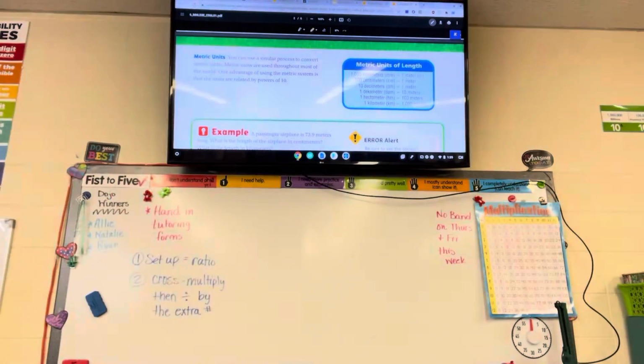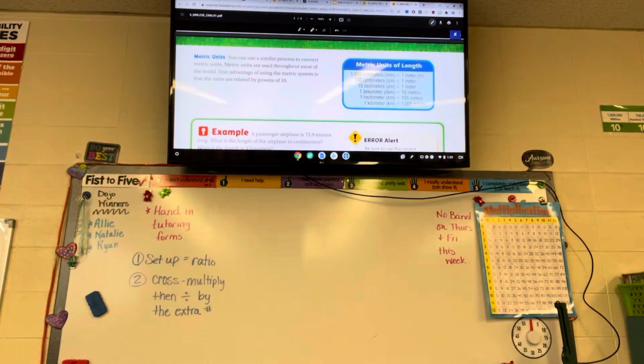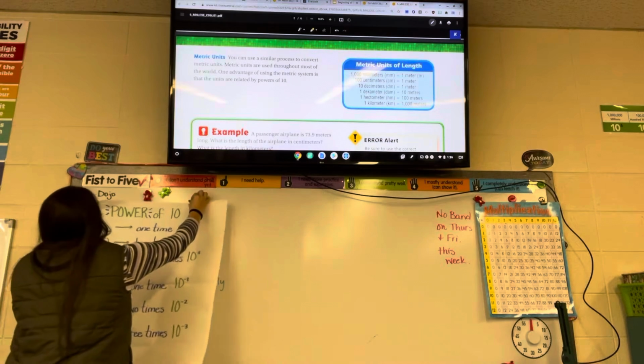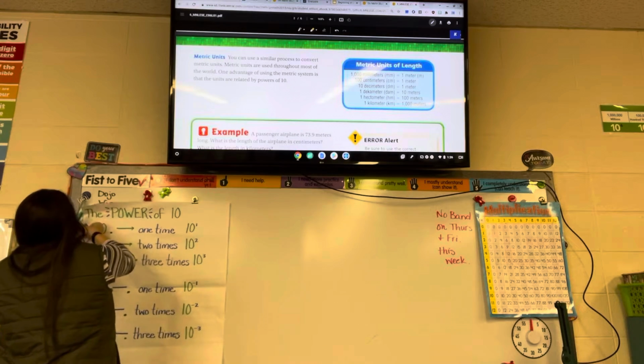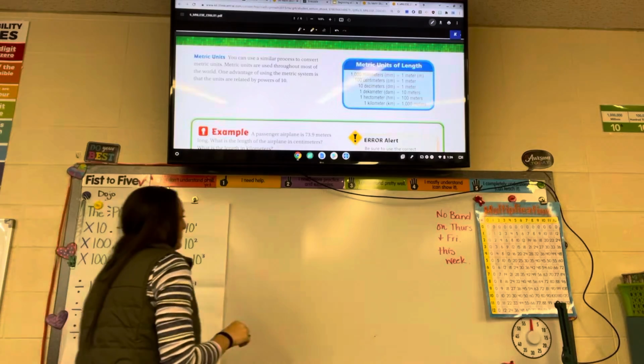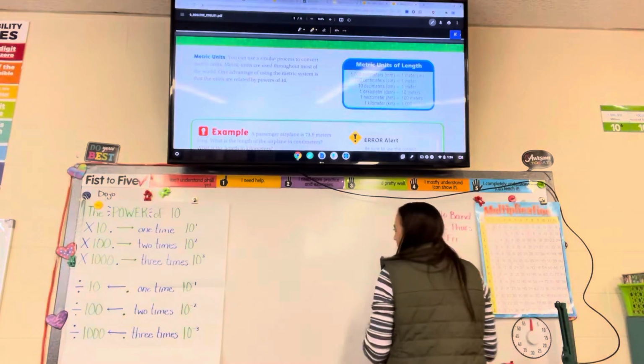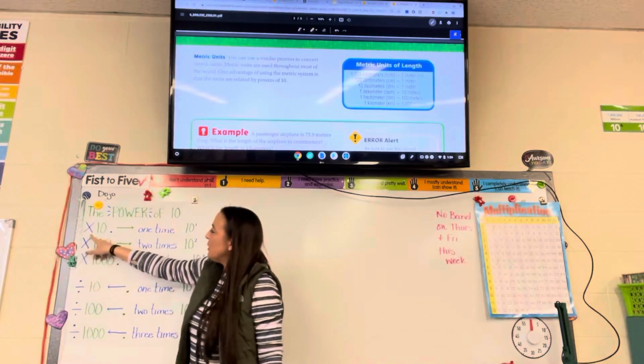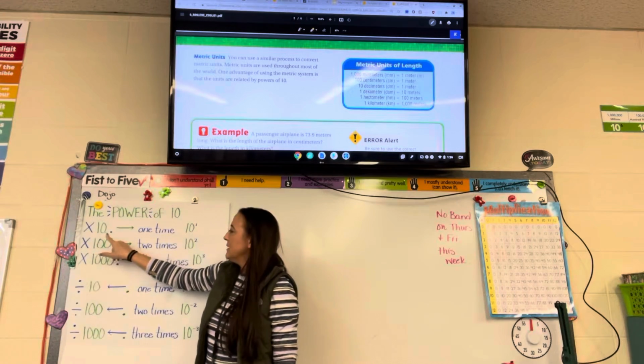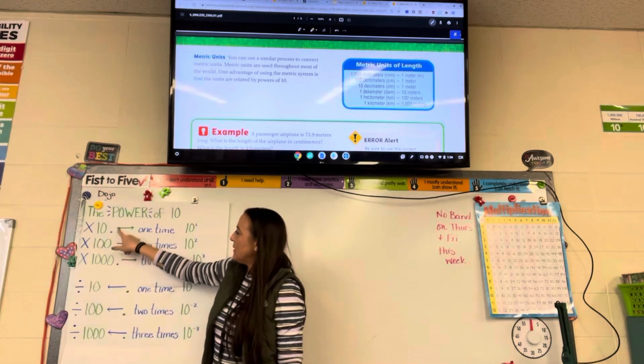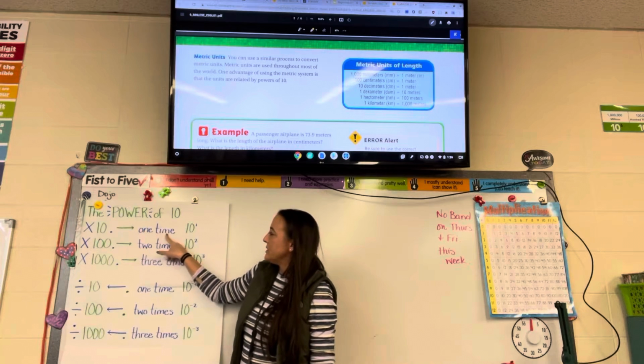One advantage of using the metric system is that the units are related by powers of 10. So I'm going to bring this over. This is our powers of 10 anchor chart, and we're going to be using it today. So as a reminder, when you multiply by 10, the decimal point moves to the right one time.